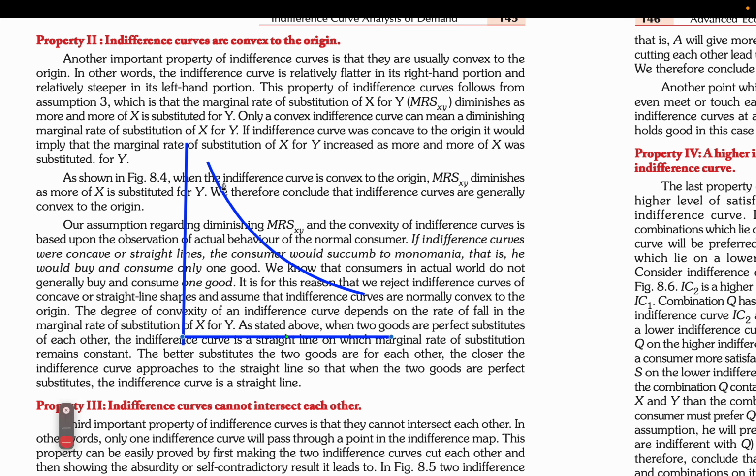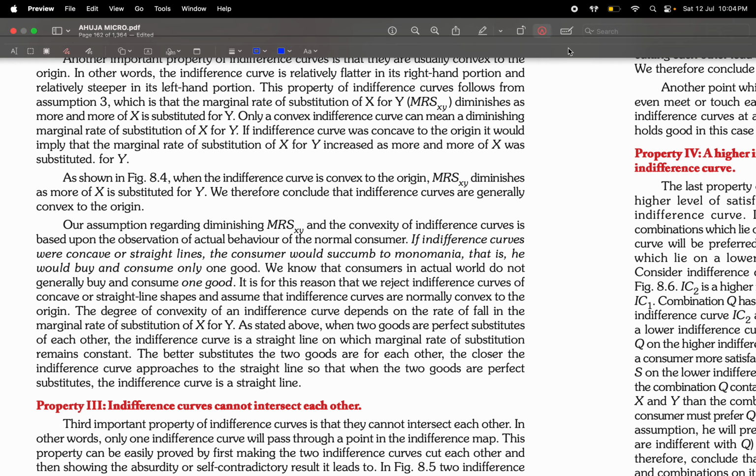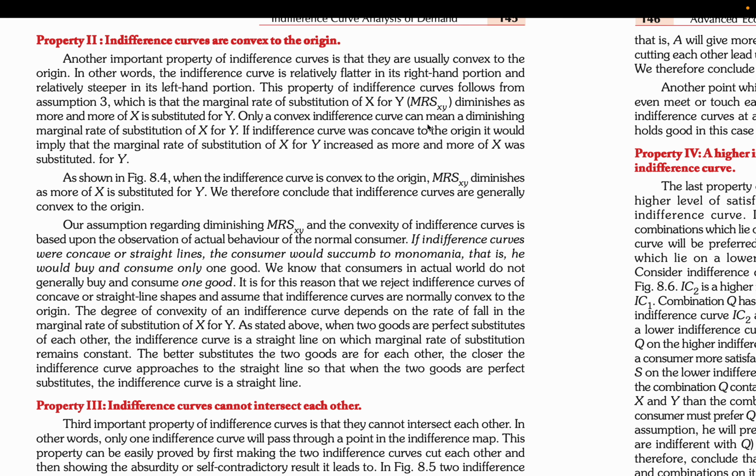You see that this is steeper to the left-hand side, whereas it becomes flatter to the right-hand side. This is what is meant by saying that ICs are convex. This property of indifference curves follows from assumption 3, which is that the marginal rate of substitution of good X and Y is diminishing as more and more of good X is substituted for Y. Only a convex IC can mean a diminishing marginal rate of substitution for X and Y.